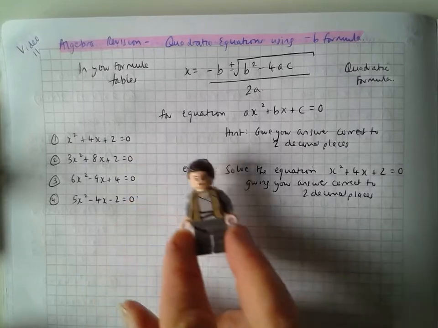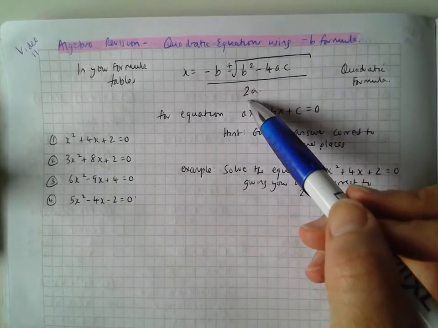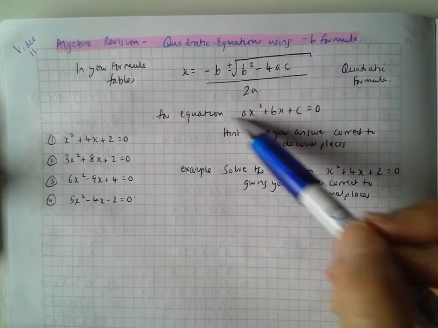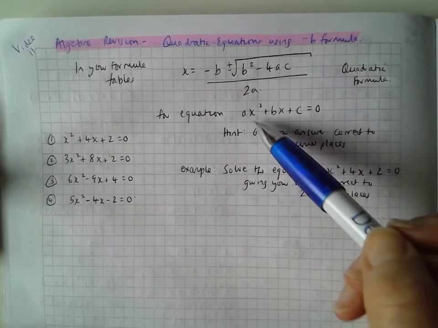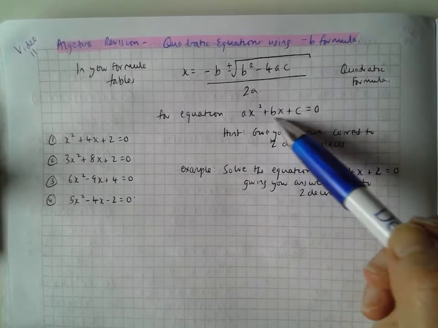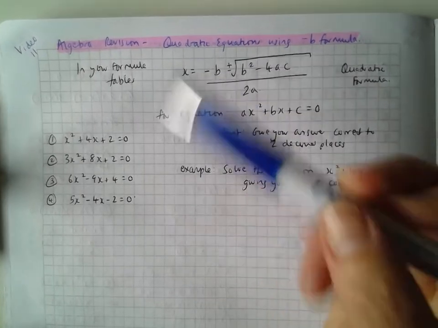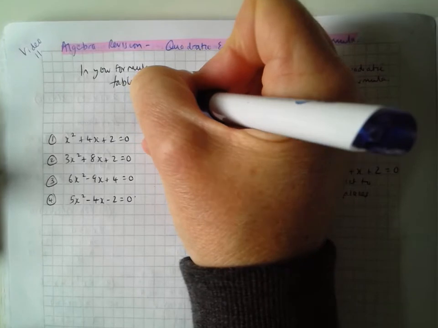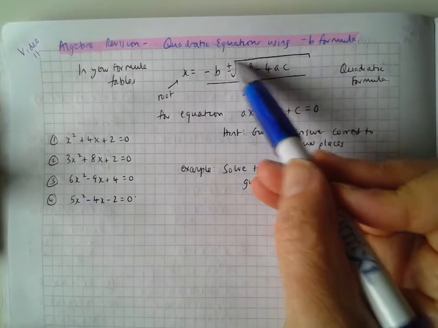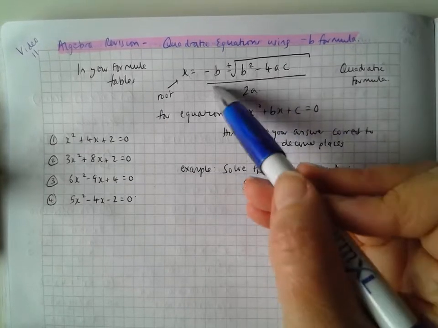The minus b formula, or the quadratic formula, is found in your formula tables. It's used when your equation is in the form ax squared plus bx plus c equals 0, so the x squared term first, then the x, then the constant. x, your root or solution, is equal to minus b plus or minus the square root of b squared minus 4ac, all over 2a.